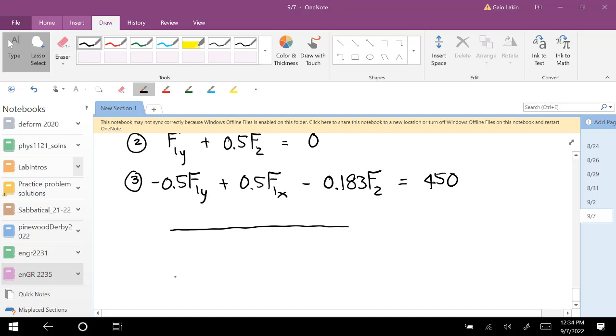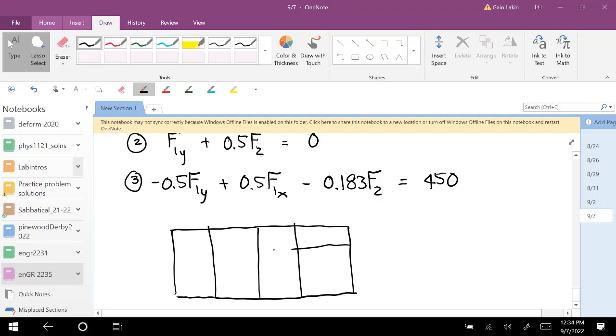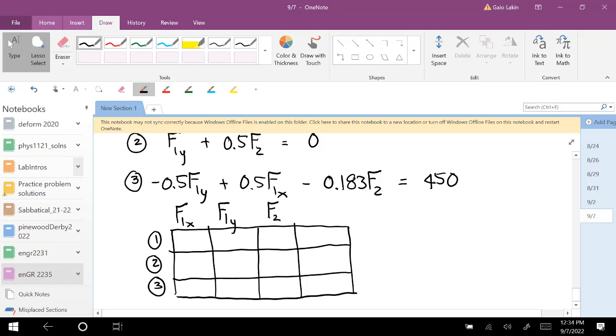So our augmented matrix has 3 rows and 4 columns. Here are the equations. For the variables, you can do any order you want, but I guess I'll use this one. The last column does have to be the constants.